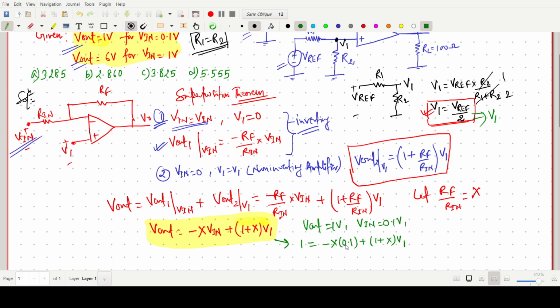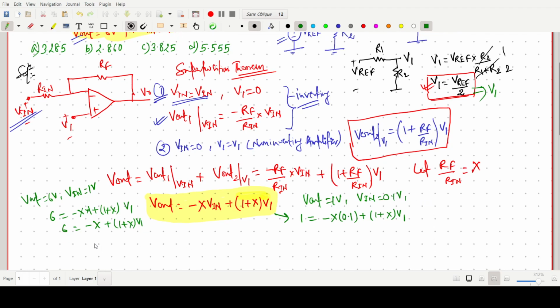So now one equation is this one, and the other equation is due to V output 6 volt, given V in is 1 volt. So 6 equals minus X times 1 plus 1 plus X times V1, or in more general we can write minus X plus 1 plus X V1.